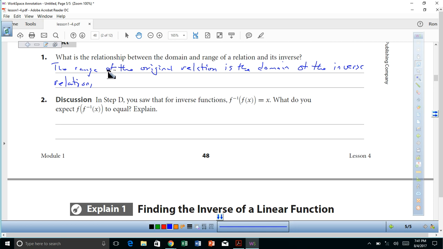And the range of the inverse relation is the domain of the original relation.